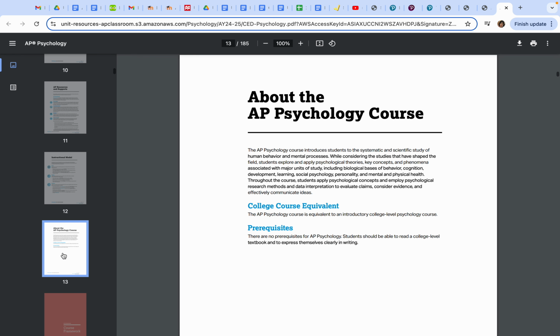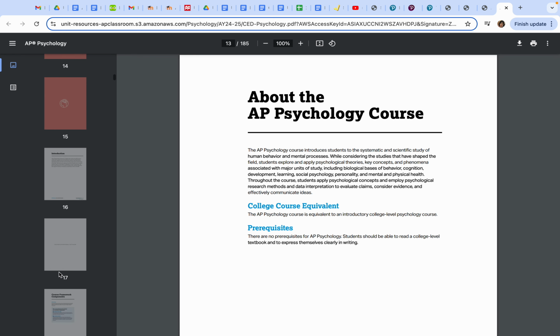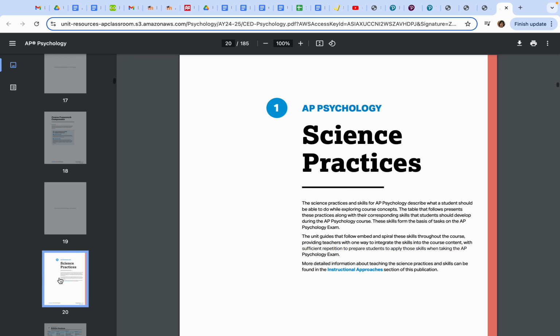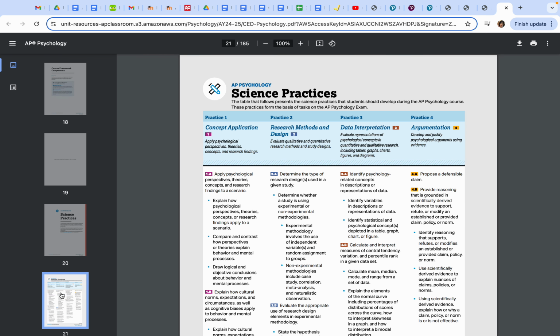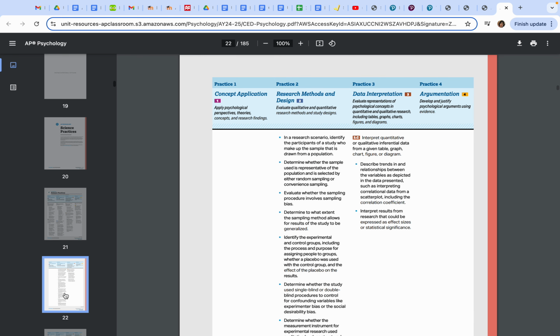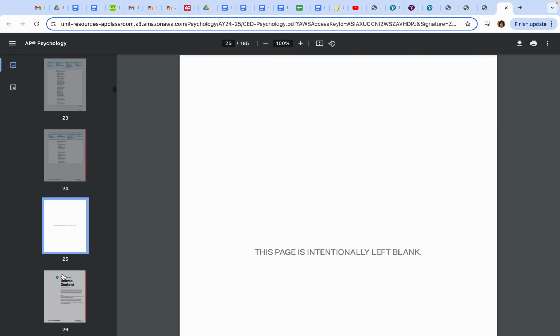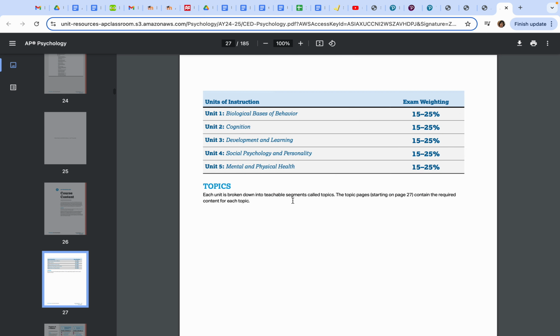Science practices is where we're starting, so this is what we're working with, and this goes into every other unit, and that's what I've been doing. And now we go to course content. So on the College Board, it says Unit 1 is biological basis of behavior. That's going to be QSI's Unit 2.